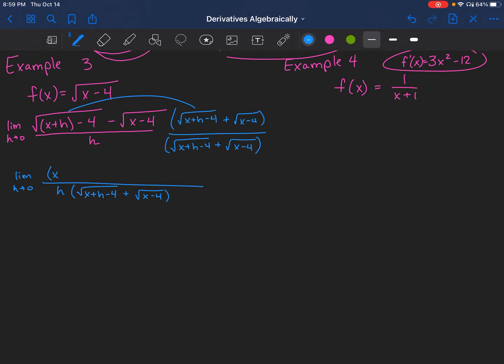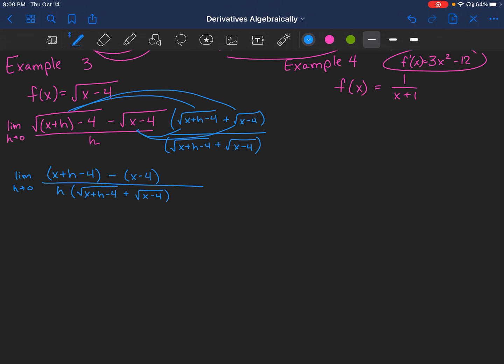So that square roots are going to get rid of each other. We're going to be left over with x plus h minus 4. Then I'm going to have a positive square root of x plus h minus 4 times a positive square root of x minus 4. But that's going to cancel with this negative square root of x minus 4 times a positive square root of x plus h minus 4. And then we'll do the last one, a negative square root of x minus 4 times a positive square root of x minus 4, which leaves me with minus (x minus 4).